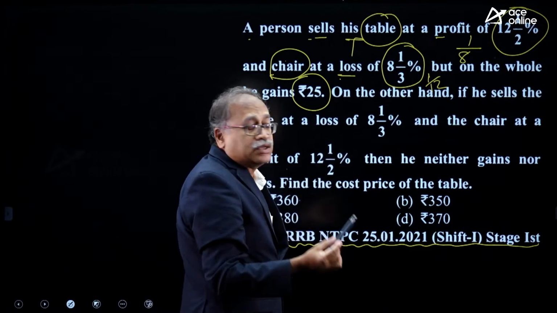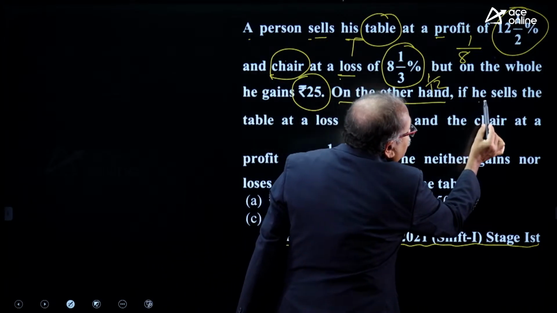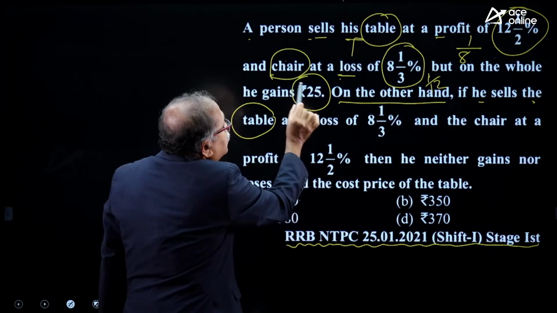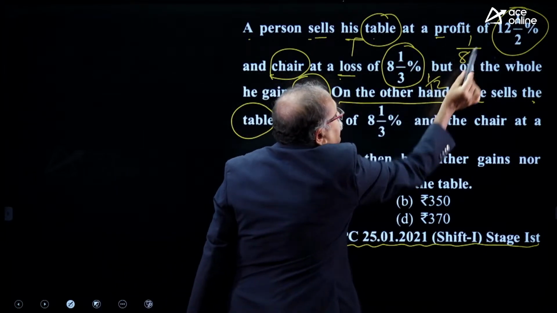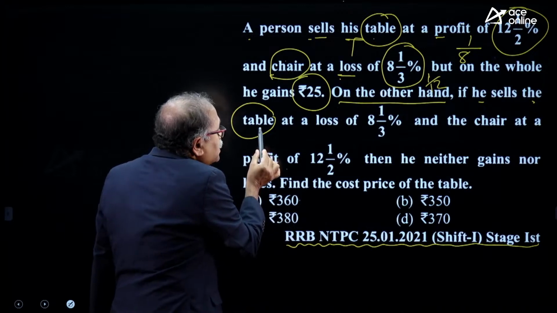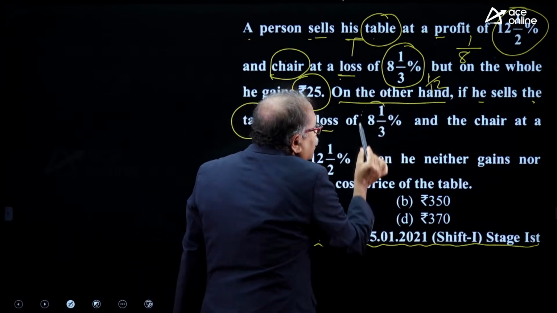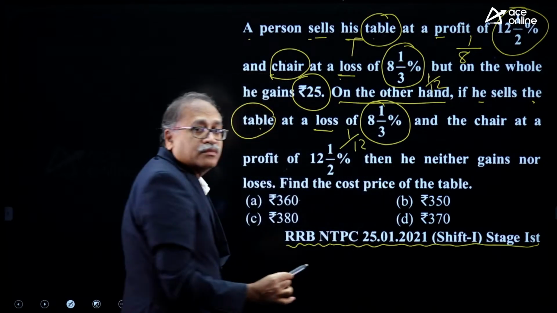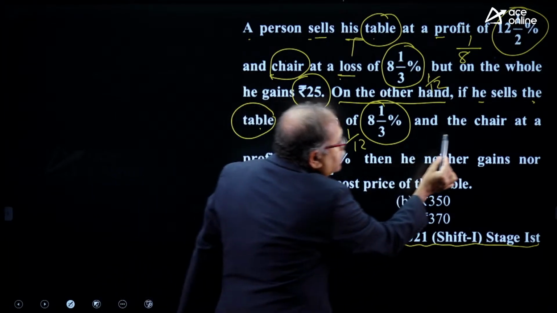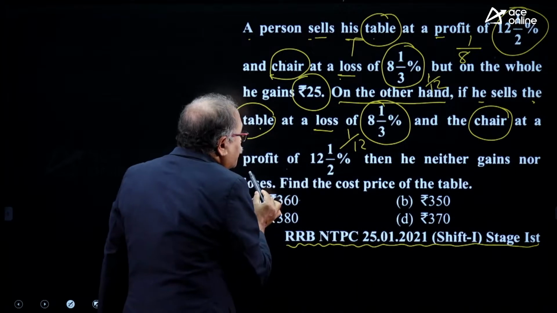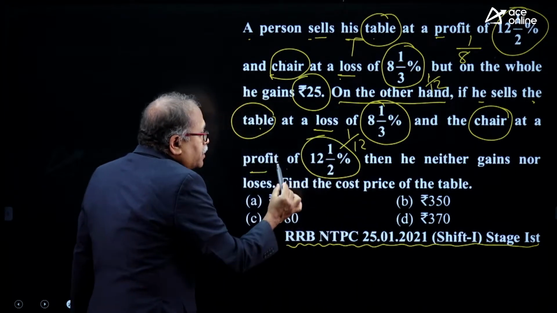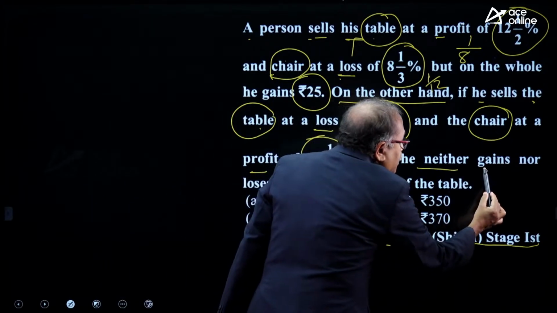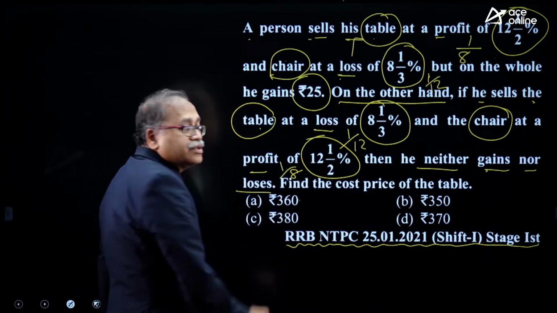Now another equation is there. On the other hand, if he sells the table at a loss of 8 1/3, that is nothing but 1/12, and the chair at a profit of 12.5%, that is nothing but 1/8, then he neither gains nor loses.